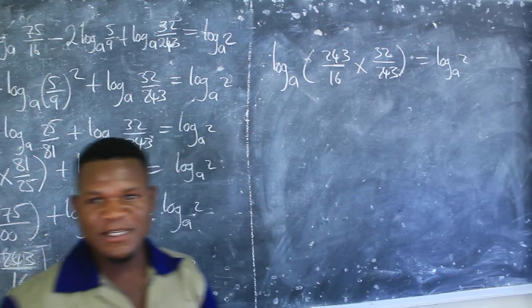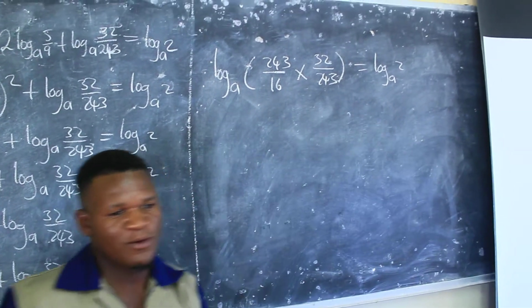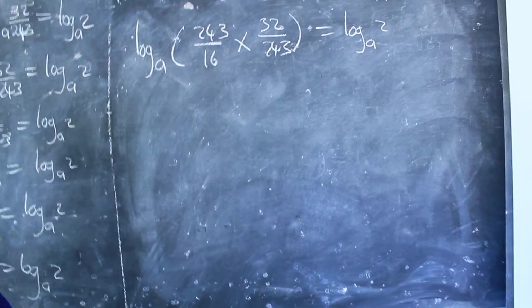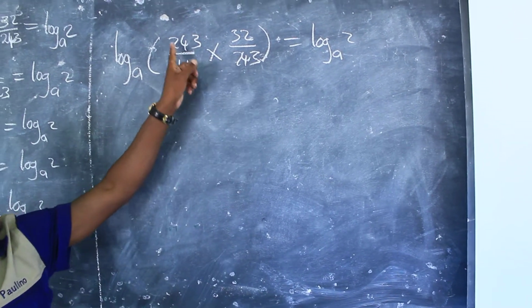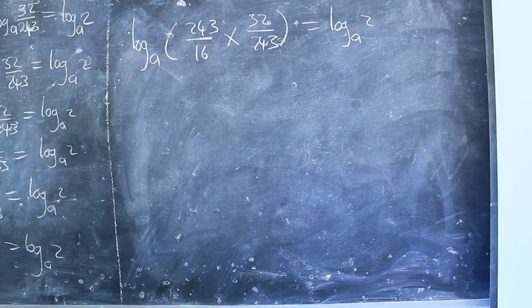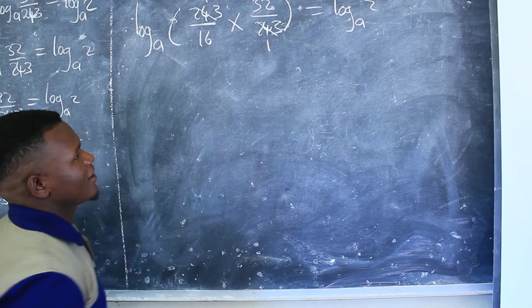Now, multiplying that, we don't waste time. Obviously, this and that will cancel. The 243s cancel out in multiplication. So this will be 1 here, 1.